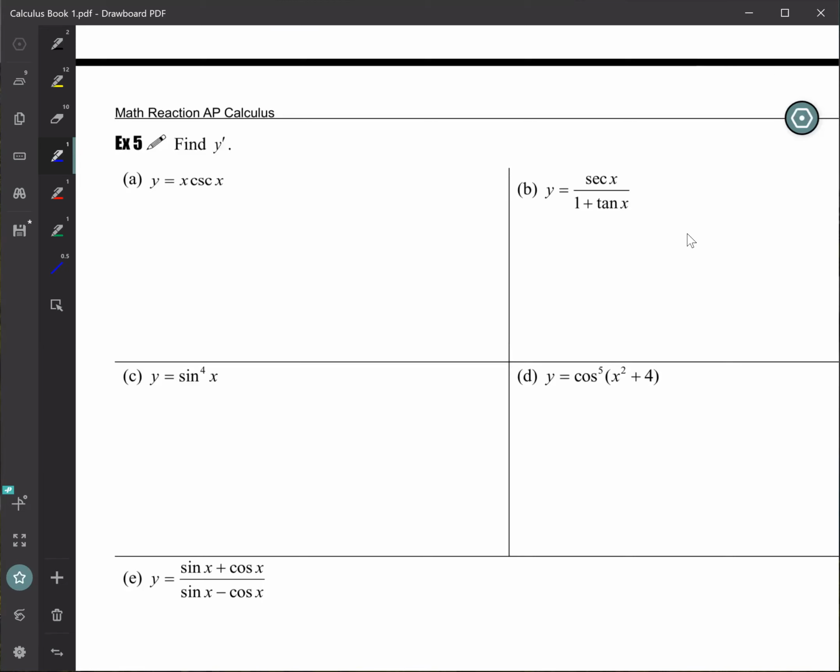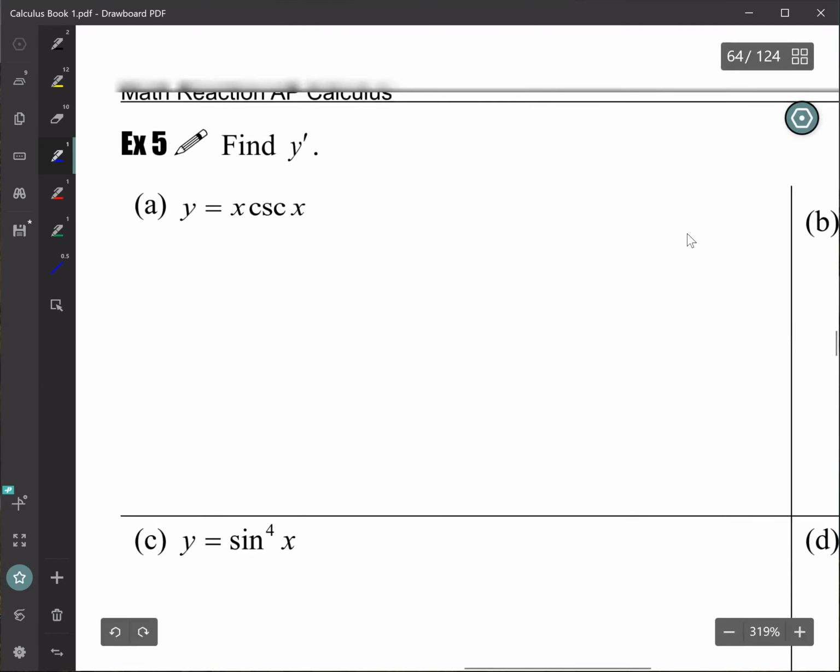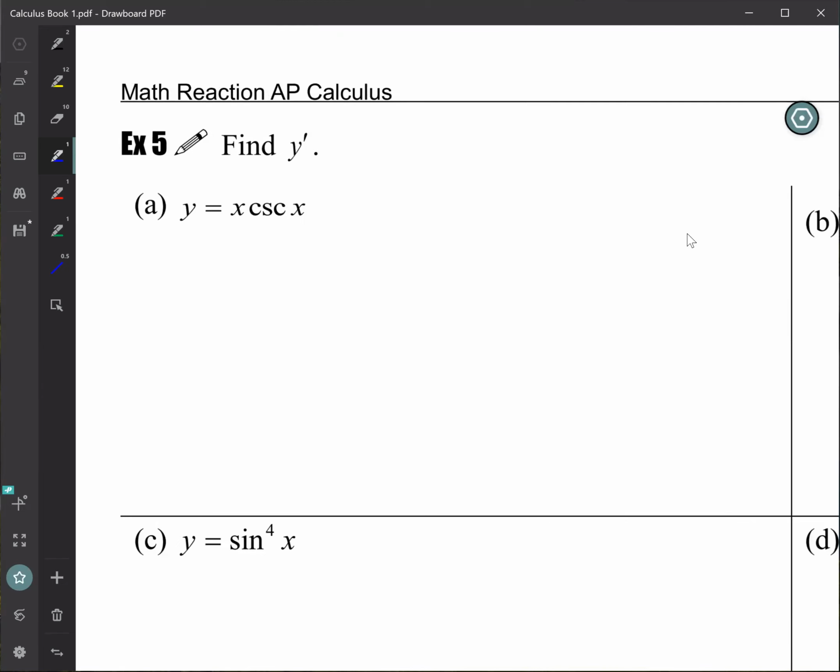Okay, Jeffy, let's start with you. Sine prime, cosine. Cosine prime, negative sine. Tangent prime, cosecant squared. No. Wait, what was it again? Don't panic. Tangent prime, secant squared.